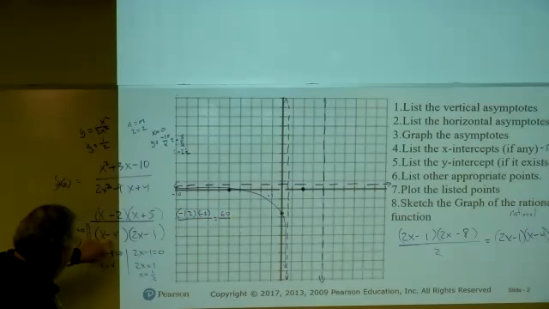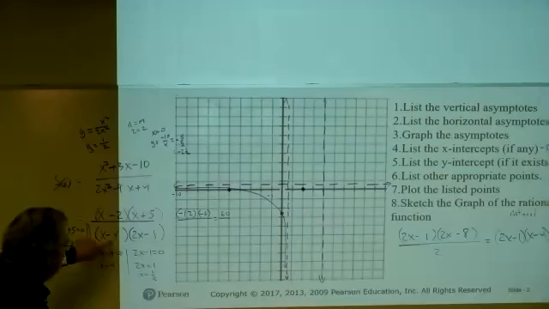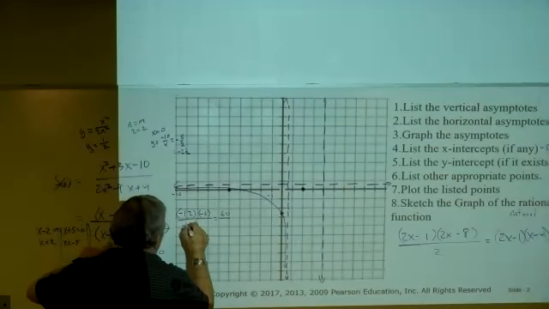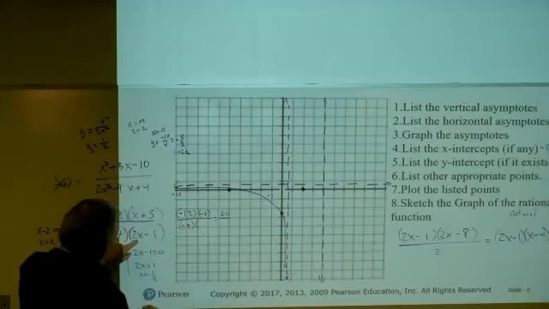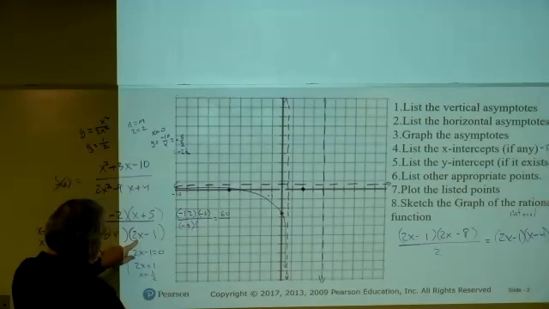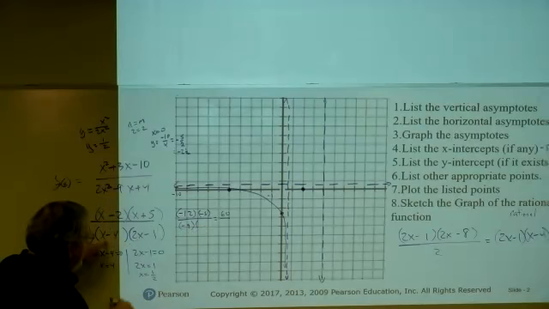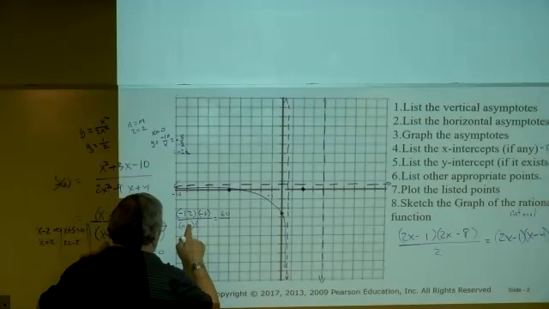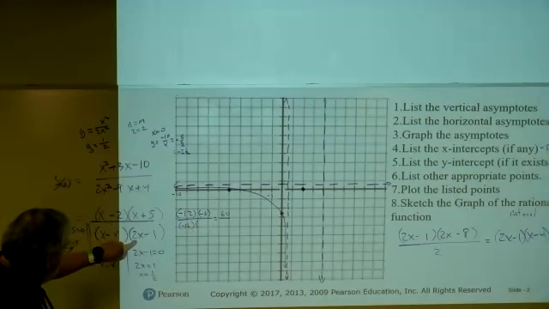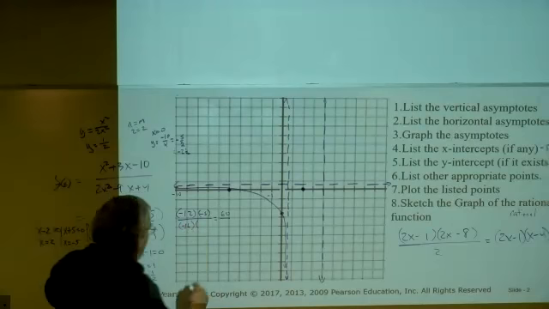And my denominator, -10 minus 4 is -14... -16. And -10 times 2 is -20 minus 1 is -21.